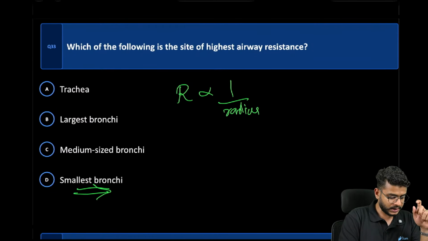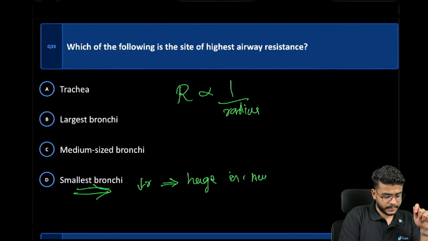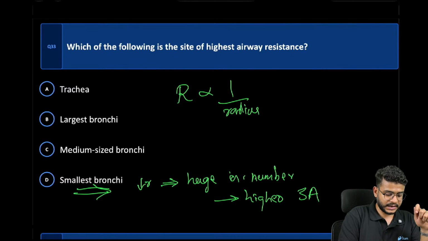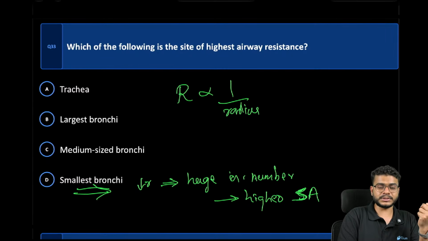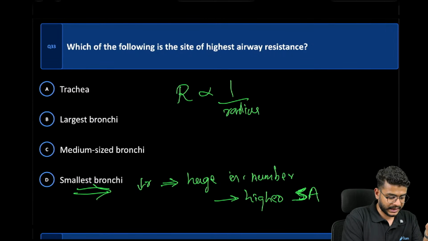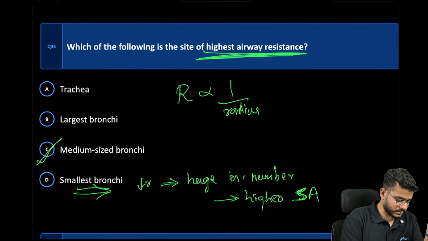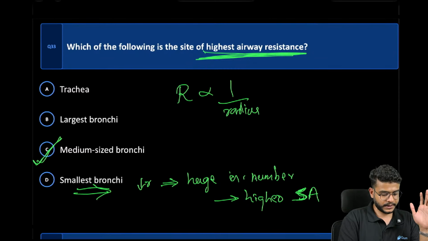They have a small radius, but they are huge in number, so they have a higher surface area, which reduces the airway resistance. So the highest airway resistance will be in the medium sized bronchi.